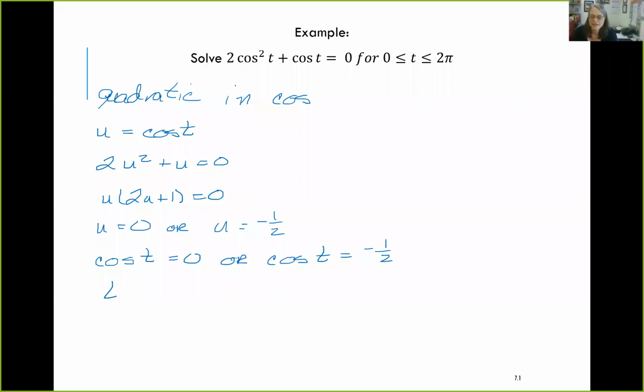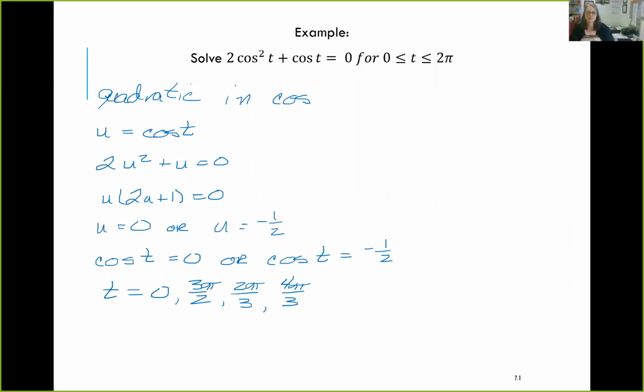And you'll find that this results in 4 solutions: 0, 3 pi over 2, 2 pi over 3, and 4 pi over 3.